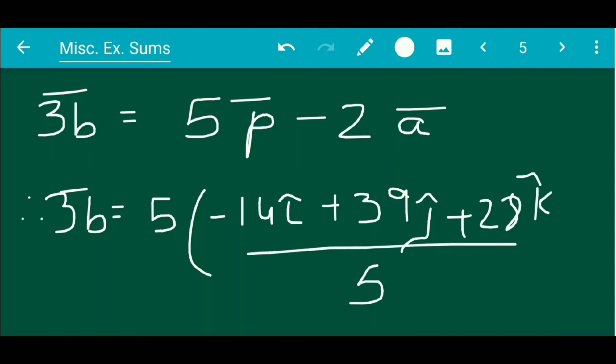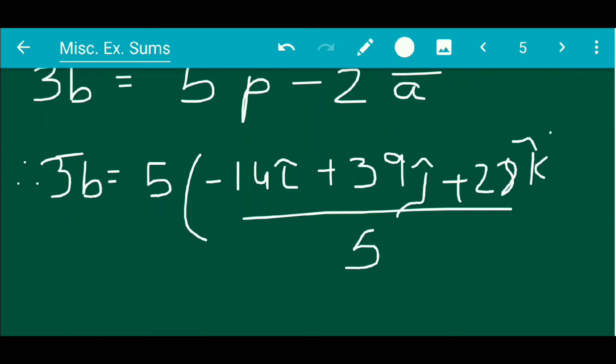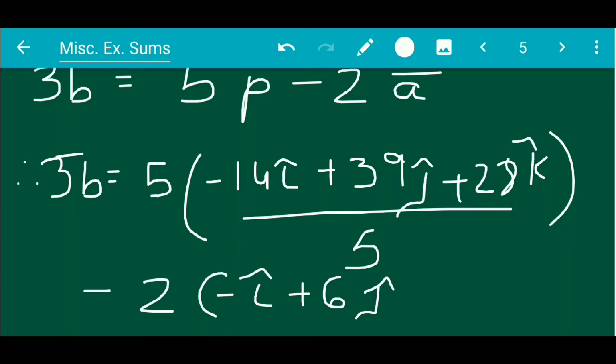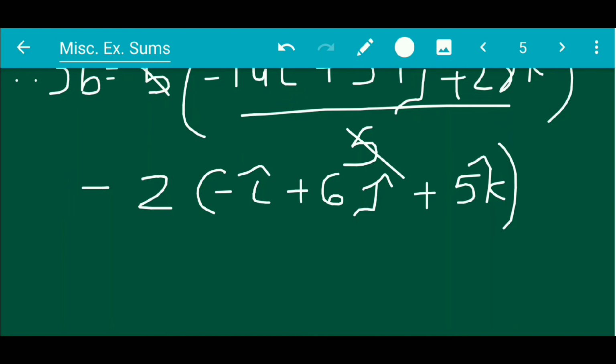And also the given vector for A bar. Now upon writing this, we see that 5 and 5 get cancelled. So what remains is opening the brackets and simplifying.